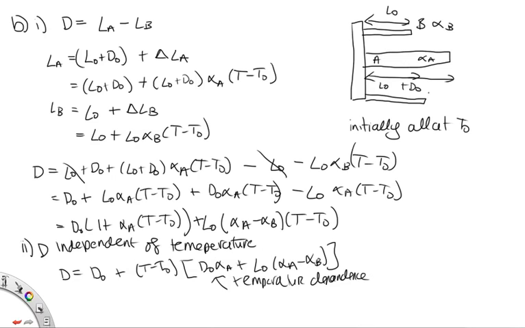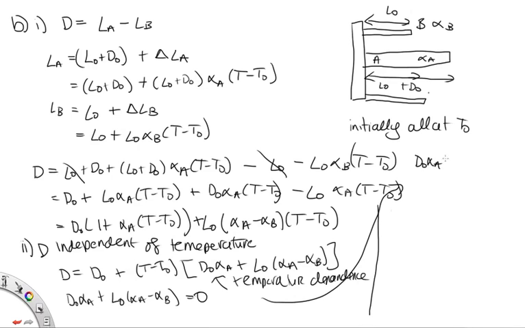So this term must disappear for it to be independent of temperature. So we know that D naught alpha A plus L naught alpha A minus alpha B is equal to 0. So let's give ourselves some more space over here. So we've got D naught alpha A is equal to L naught alpha B minus alpha A. I've just switched around the order of these to make up for that negative sign.